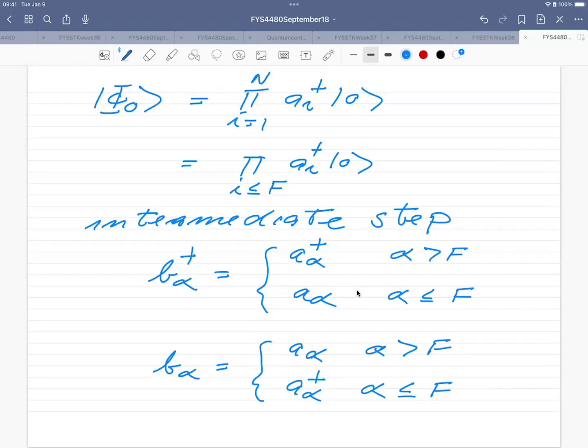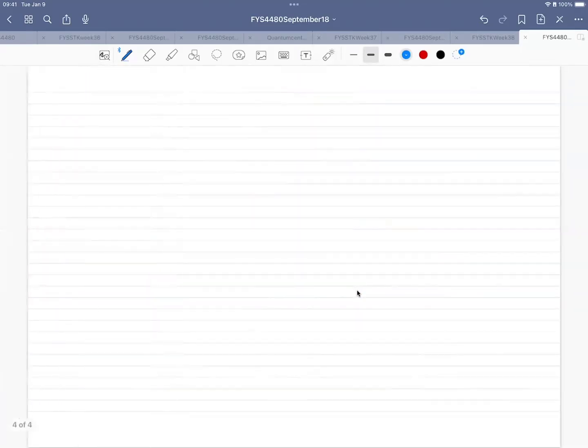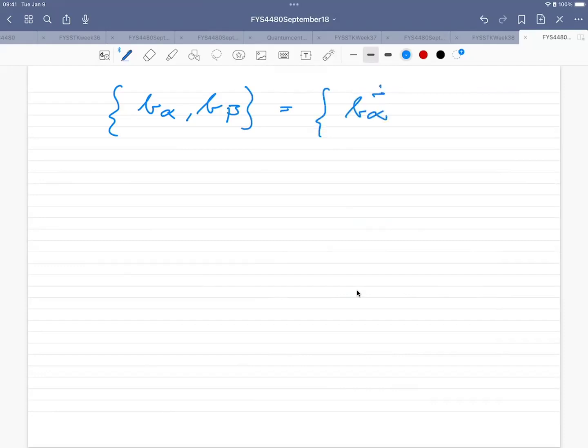Okay, so hope everybody has these operators now. So if you set up the anti-commutation rules, it's actually quite easy to see. So I'm just stating them because this is just a slight modification of what we have done before. So B alpha, B beta, these are obviously equal to 0.